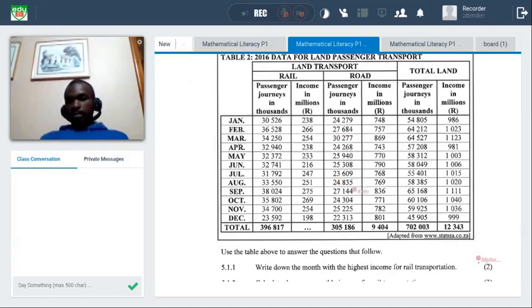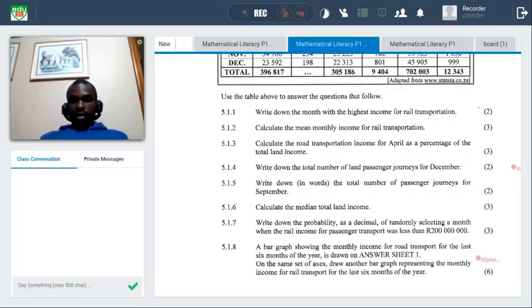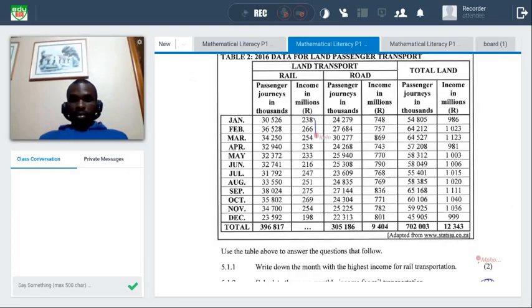The next question. Calculate the mean monthly income for transportation. It's 3 marks here. First, you must get the total. What is the mean?